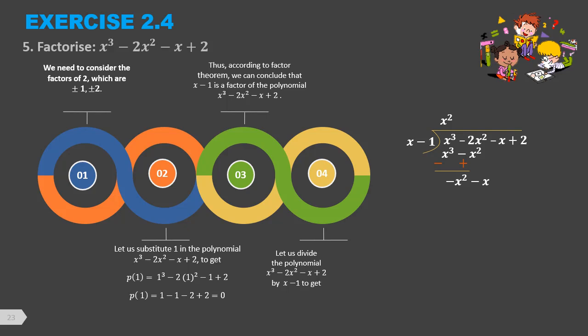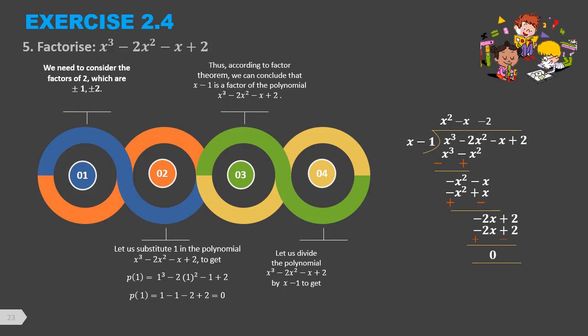Again we multiply by minus x, that gives minus x square plus x. Change the sign, again they cancel out. Then the next step is minus 2x plus 2. Again we multiply by minus 2, so minus 2x plus 2. Change the sign, they cancel out, and the remainder will be 0.